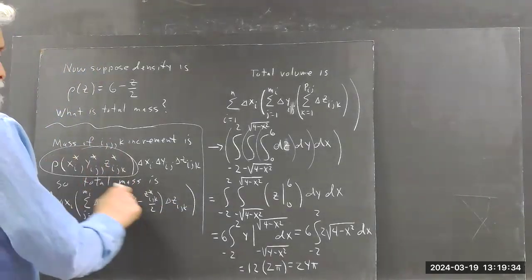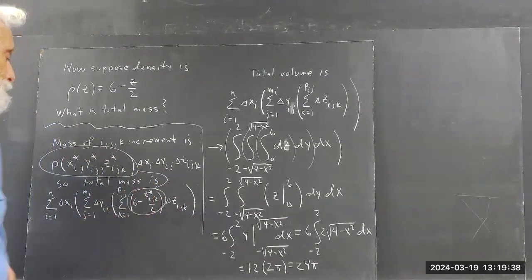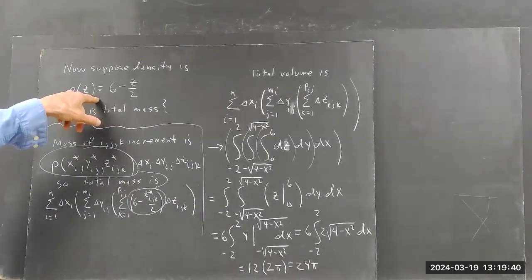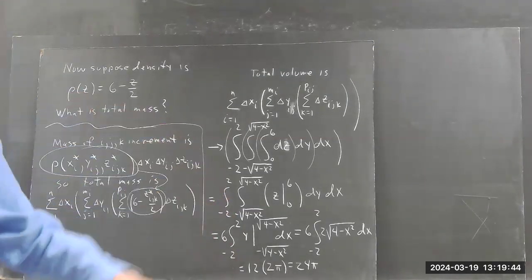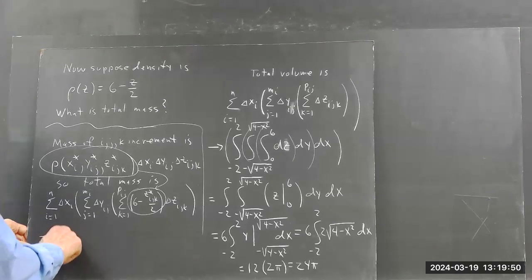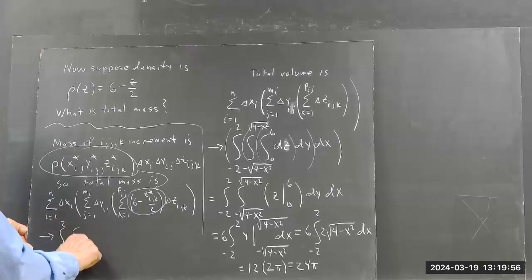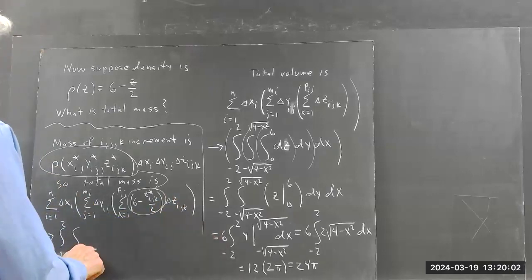And I'll just indicate that the rho thing I've written specifically for this particular density function. Now this is then going to approach the integral from -2 to 2. It's the same region, so the limits in the integral are going to be identical to what they were before.